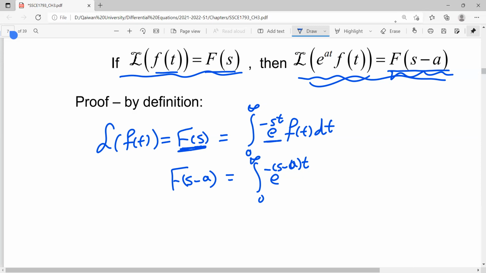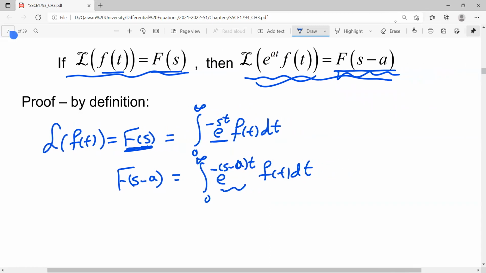We replace s by s minus a, times f of t dt. And this equals the integration from 0 to infinity of e to the power minus (s minus a)t, f of t dt.